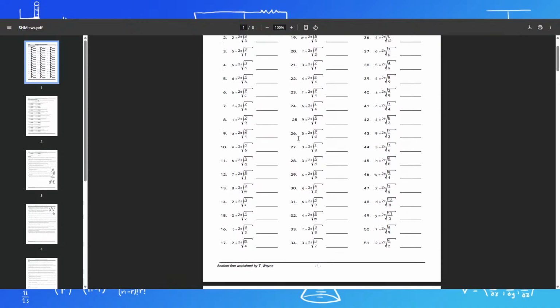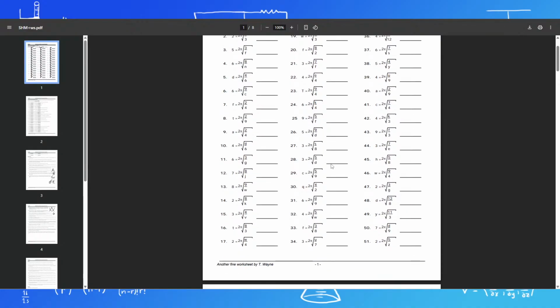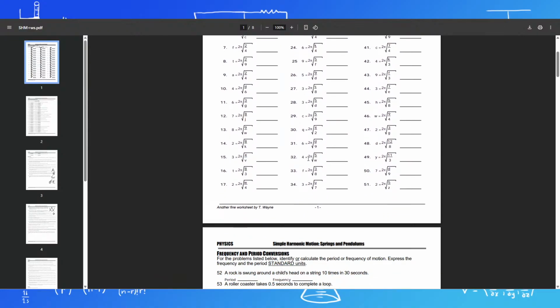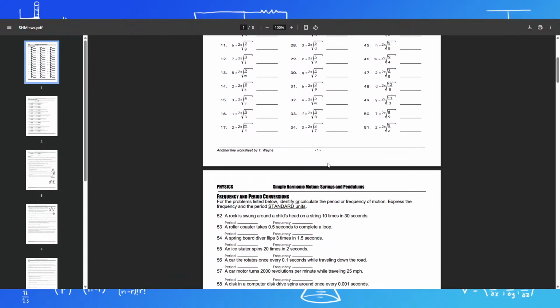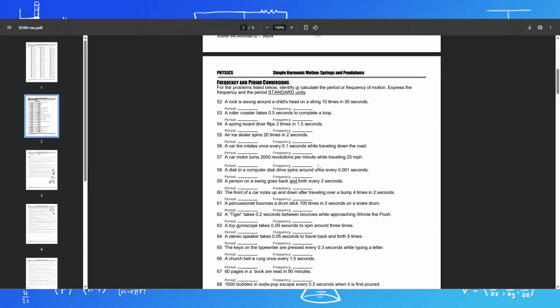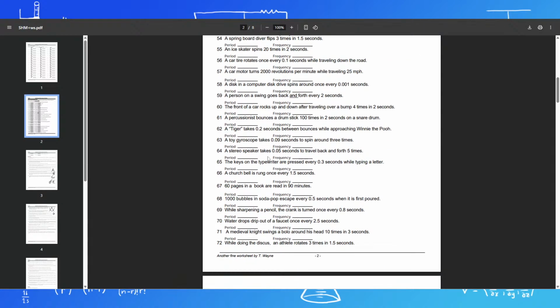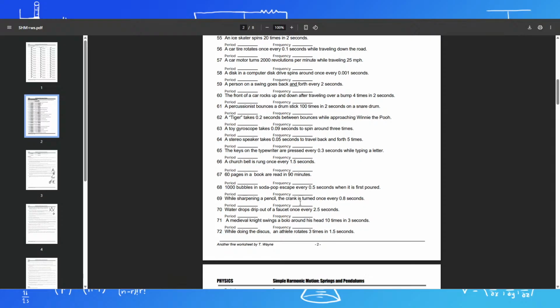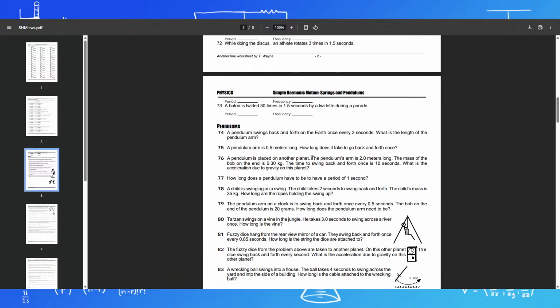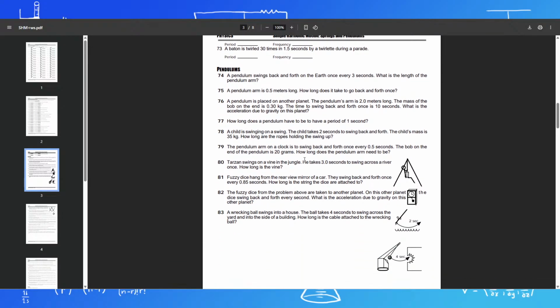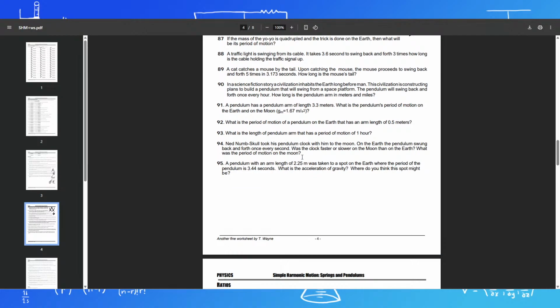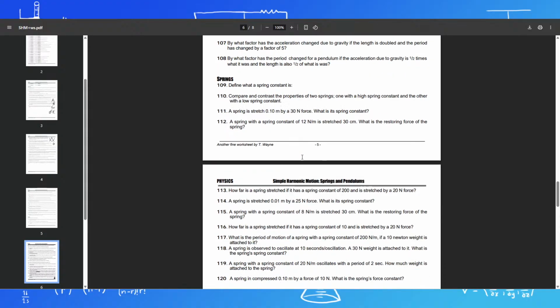The first sheet is just rearranging equations that should look familiar now that we've seen the period and frequency equations for pendulums and springs. Then you've got just using the definitions of period and frequency over here. And this does have an answer key at the bottom, so you can always check your work. Then it's got a dedicated pendulum section and a dedicated spring section.